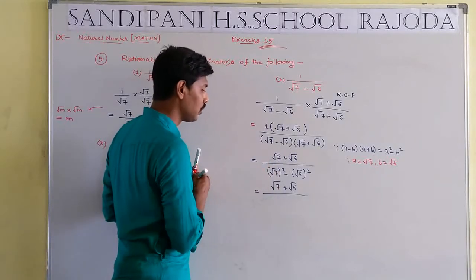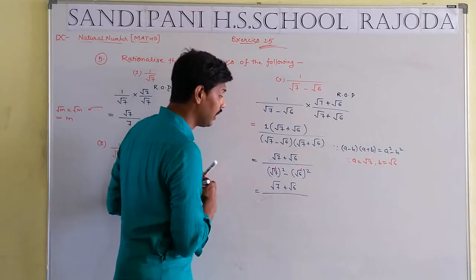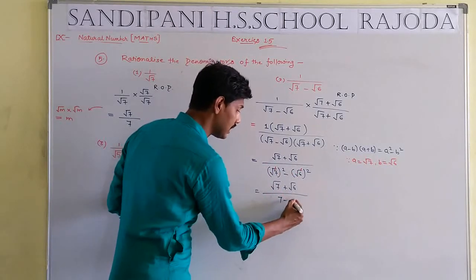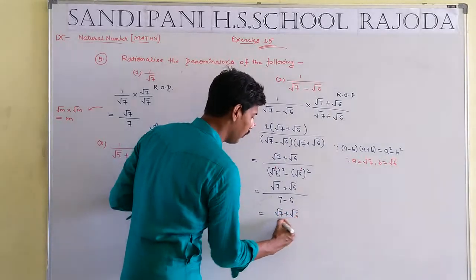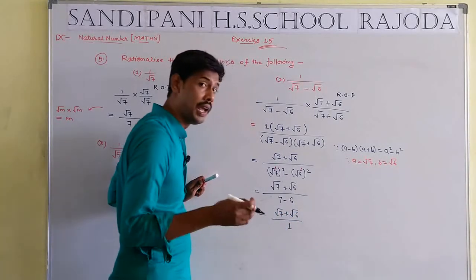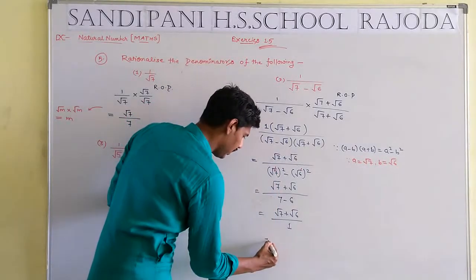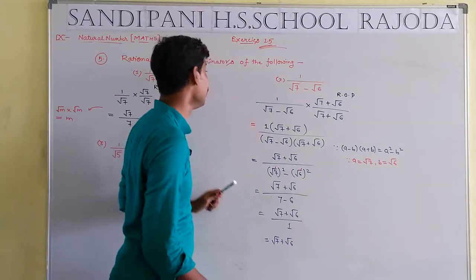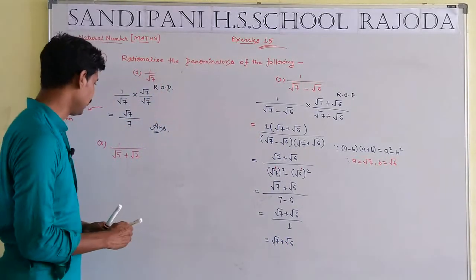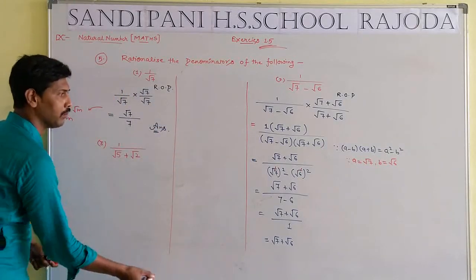So the required solution, in the place of the denominator, 7 minus 6 will be equal to 1. 1 as a denominator, may be right or not. So the required solution will be equal to root 7 plus root 6. I hope students you got the second part of question number first.